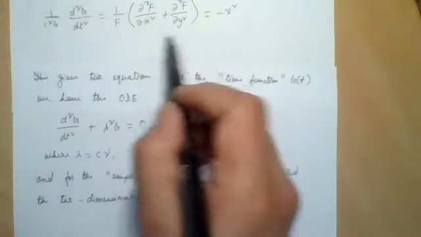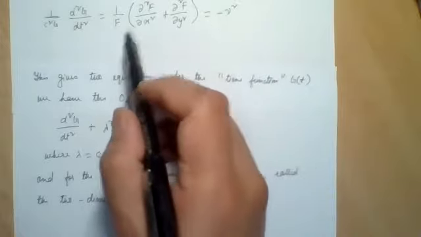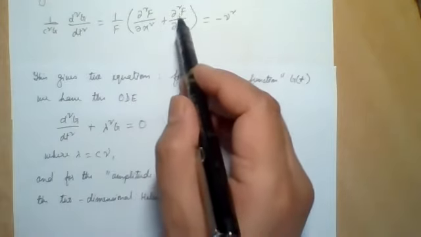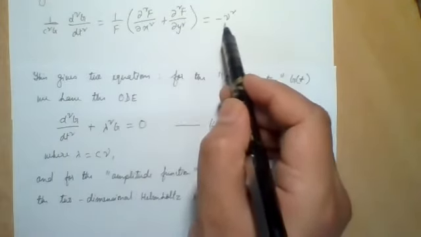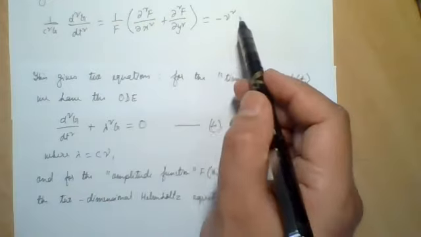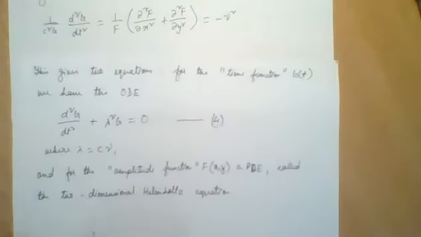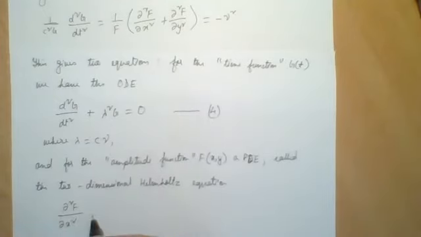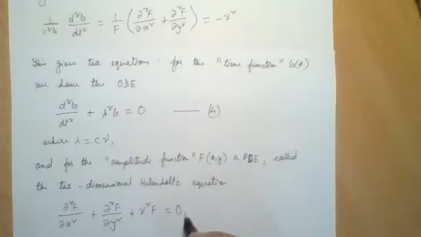So if I multiply both sides by f, then this becomes dou 2f by dou x square plus dou 2f by dou y square equal to minus nu square f, and I bring it towards the left-hand side. So we should get dou 2f by dou x square plus dou 2f by dou y square plus nu square times f equal to 0. And this equation we write as equation number 5.